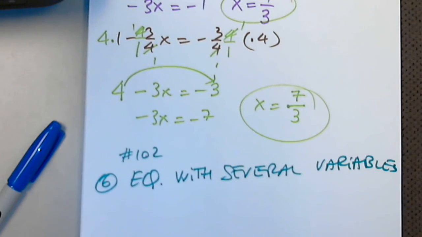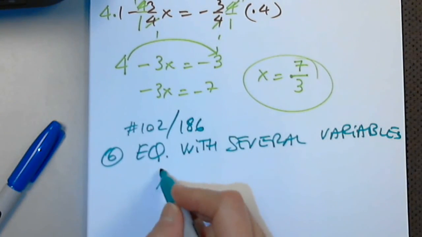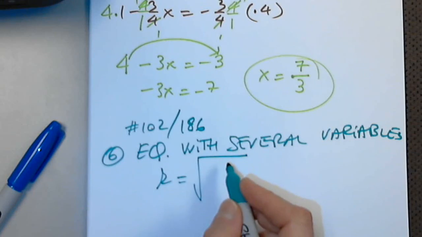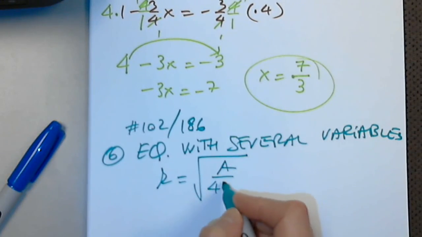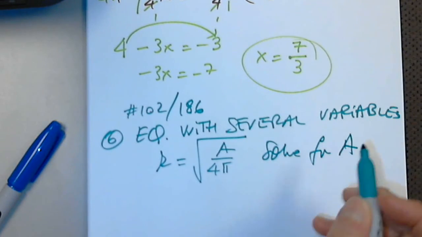And we are specified which one to solve for. So 102 on page 186 is r equals the square root of a over 4 pi. We are told solve for a.